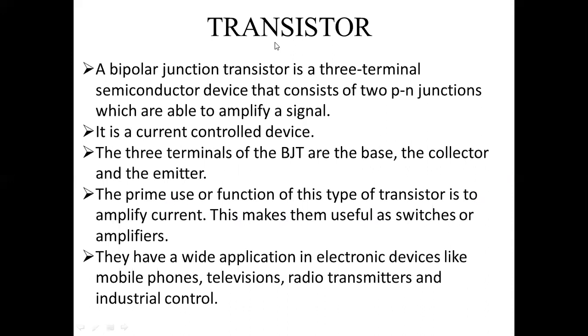So what do you mean by a transistor? A bipolar junction transistor is a three-terminal semiconductor device. In the previous diode, only two terminals were there, but here it is a three-terminal semiconductor device that consists of two PN junctions which are able to amplify a signal.